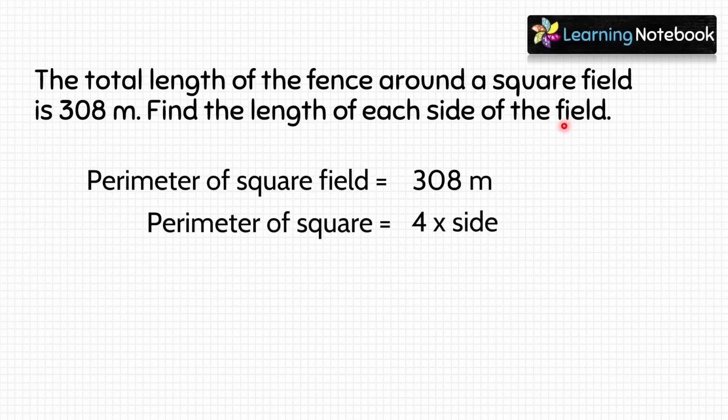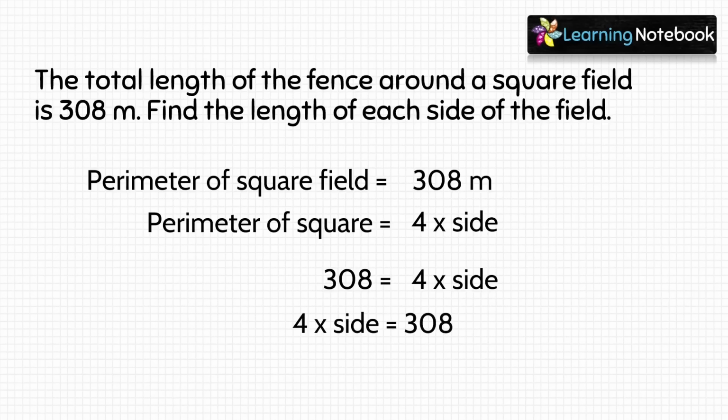Yes, it is 4 into side. Let's put the value of perimeter of the square field, which is 308, equal to 4 into side. Or we can write it as 4 into side equals 308.